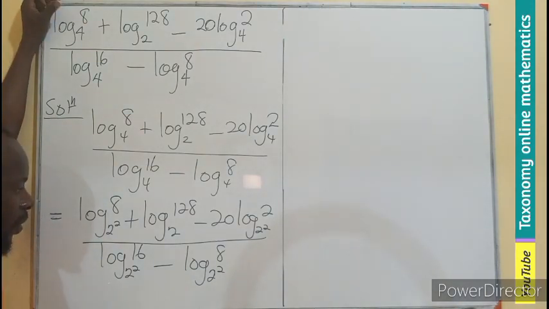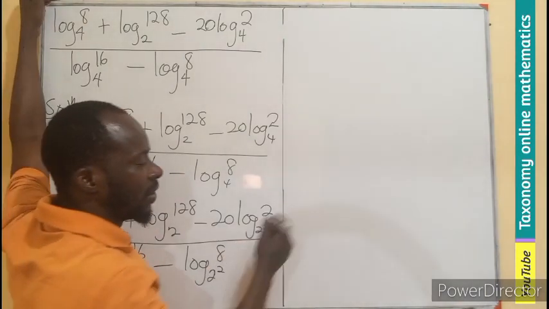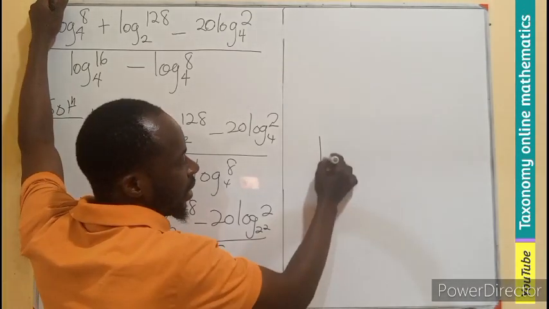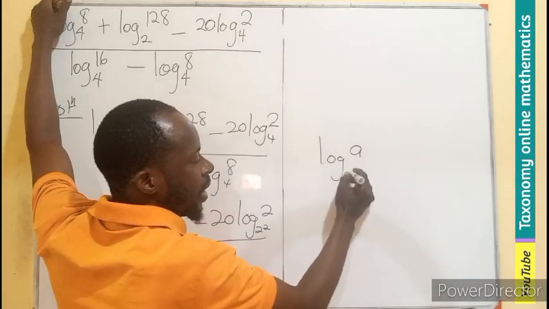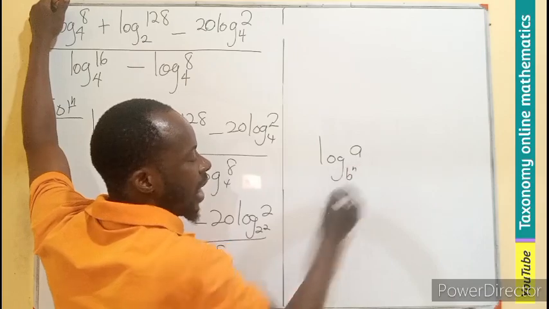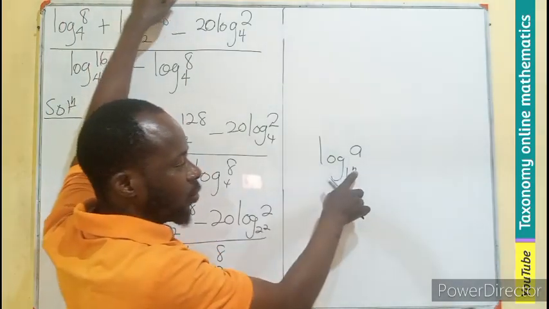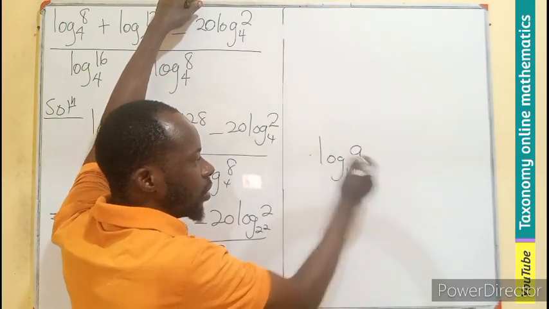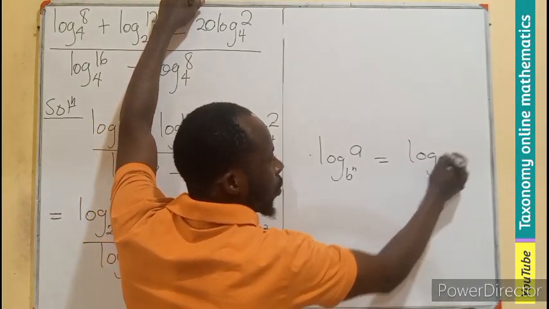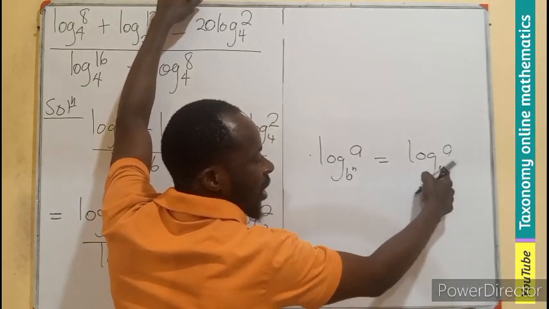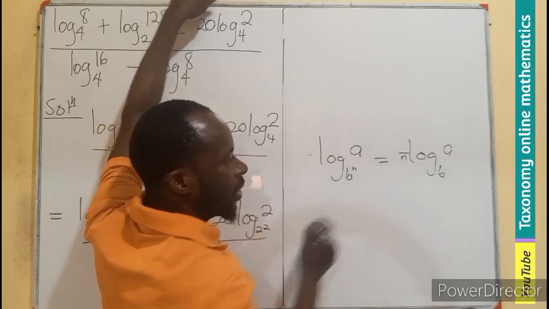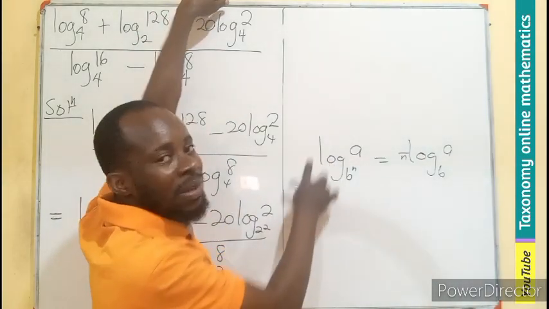Pay attention. So now, if we take a logarithm that has, let's say, the logarithm of a base b exponent n, what happens is that we send the exponent. The exponent here comes to divide whatever is at the back of the logarithm.